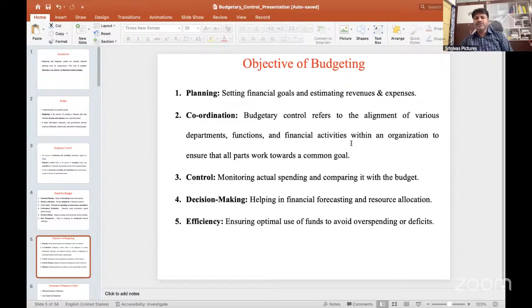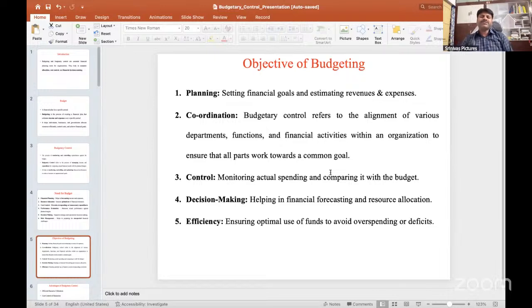And coordination. Coordination is budgetary control referring to the alignment of various departments, functions, and financial activities within an organization to ensure that all parts work towards a common goal. And control: monitoring actual spending and comparing it with the budget.